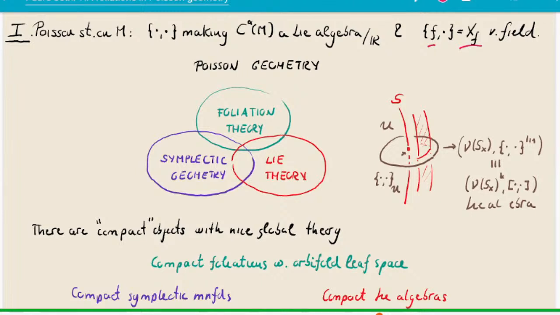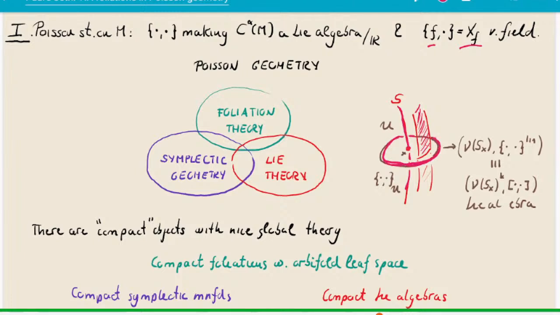So one quick way of seeing that is the following. Here we have S, a symplectic leaf of a Poisson manifold. One can take a transversal, and one may have nearby leaves of different dimension, but it doesn't matter. On this transversal, there's an induced Poisson structure.